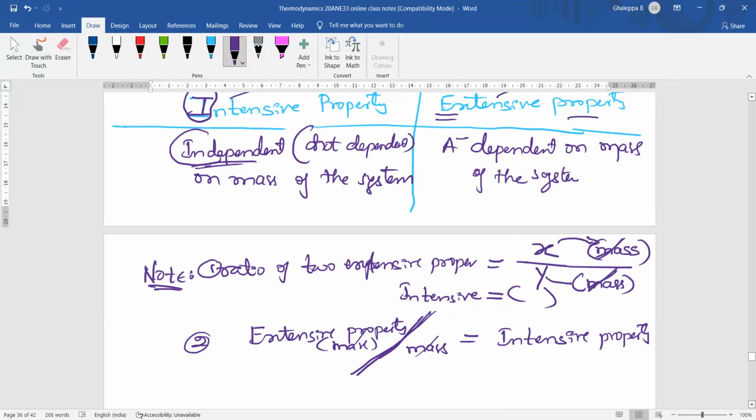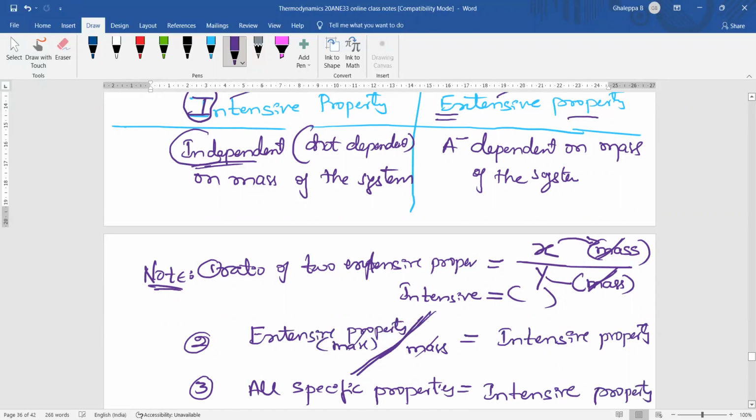Okay, and remember the third point: all specific properties are intensive properties. When I give the example, you can judge easily. Remember, all specific properties. Specific properties means any property which starts with the word specific.